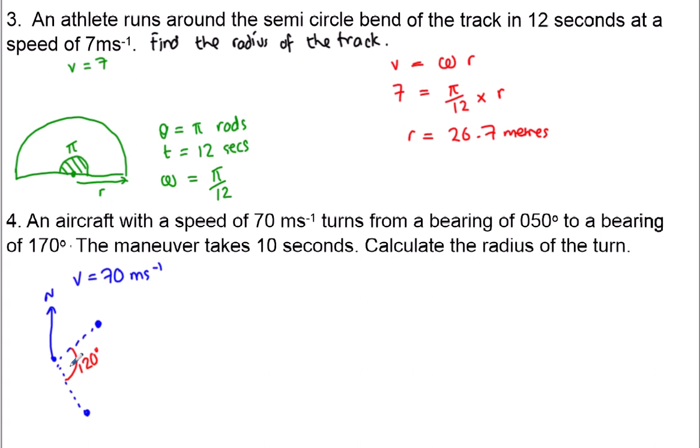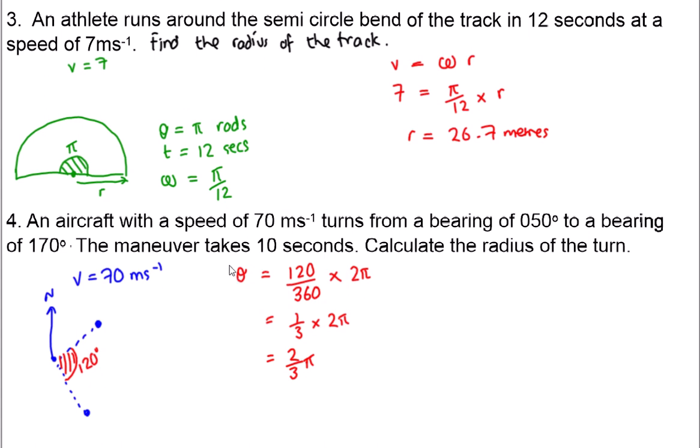Now, to convert that into radians, first of all we say that it's 120 out of 360, which is a third of a full turn, isn't it? And it's a third then of 2 pi, because a full turn is 2 pi radians. So 1/3 of 2 pi, the nicest way of writing that would be 2/3 pi.